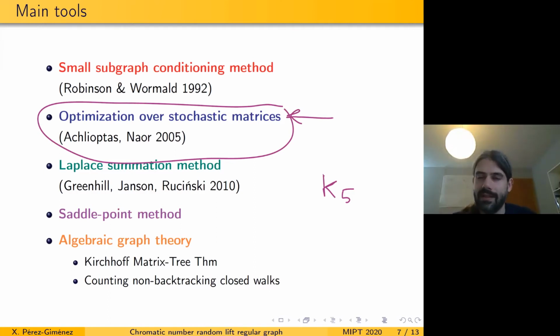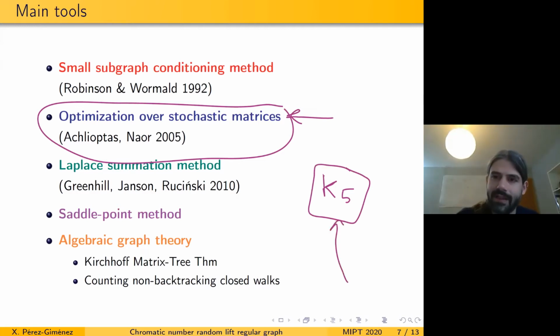So the variance is too big. So the method fails. And then that's why for the lift of K5, the approach that I suggest, which I was lazy about working on, was analyzing a greedy coloring algorithm using differential equations.